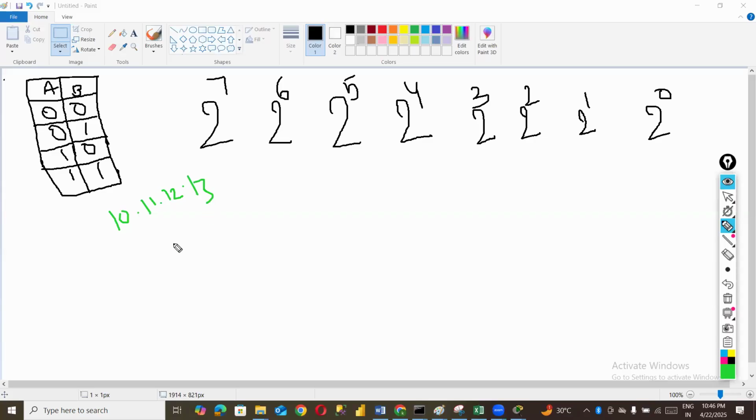This belongs to class A, because if you see the first octet, we get to know this range belongs to class A. In class A, how many network bits do we have? One network octet, and the remaining all are host bits.